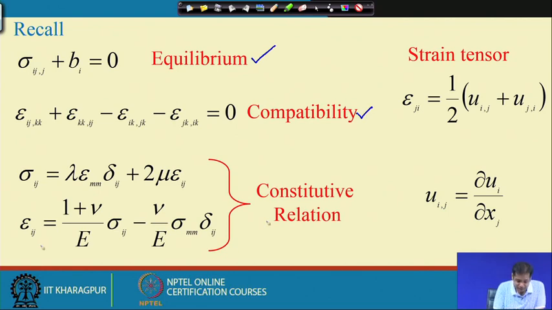One is strain as a function of stress, and another is stress expressed as a function of strain. We use this expression. These three equations combined give us the equation in stress form, and that was the stress formulation.